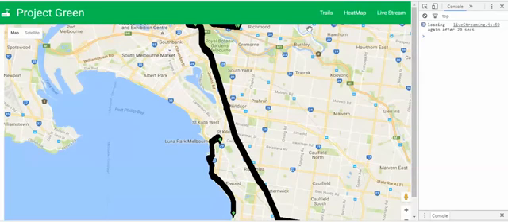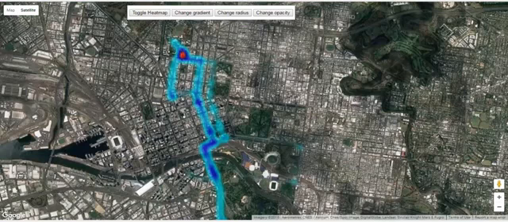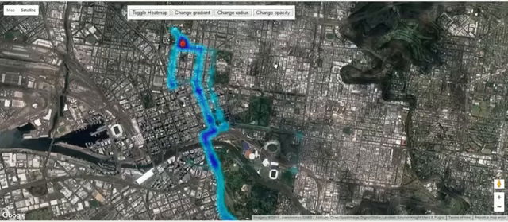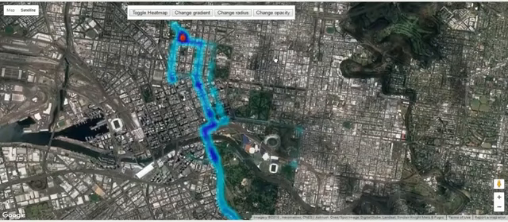Now from trail and live stream to heat map. In heat map, we are showing PM25 concentration in different regions in order to know in what region the PM25 concentration has increased up to an unhealthy level. So basically this red spot you see is very unhealthy.